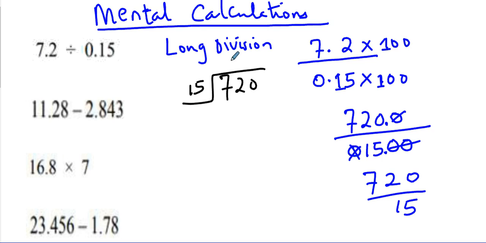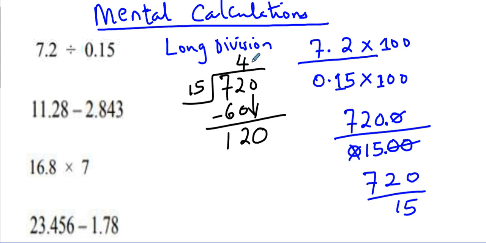Try 4, that will be 60. Try 5, that will be 75. So 4 is the better choice. Multiply that, that will be 60. Check the remainder, which will be 12. Then drop this 0 over here. The number becomes 120 divided by 15.